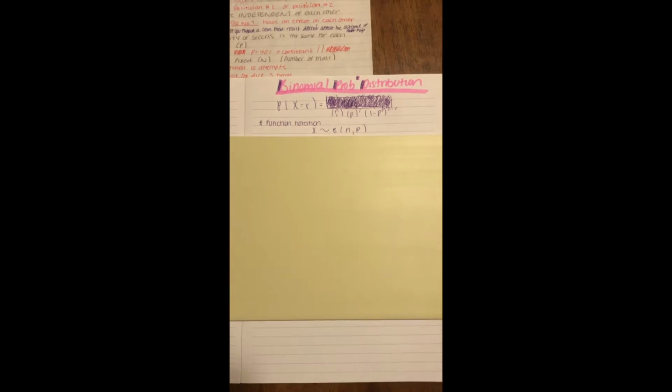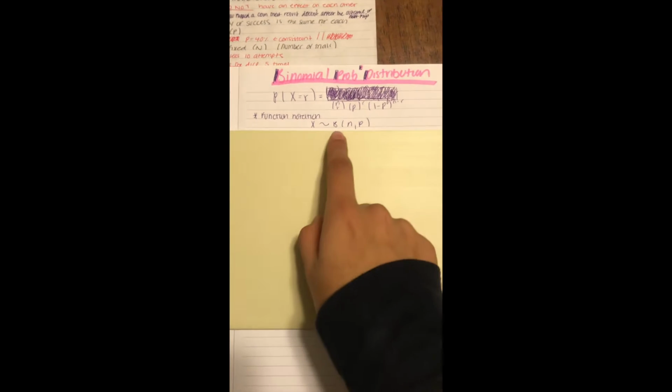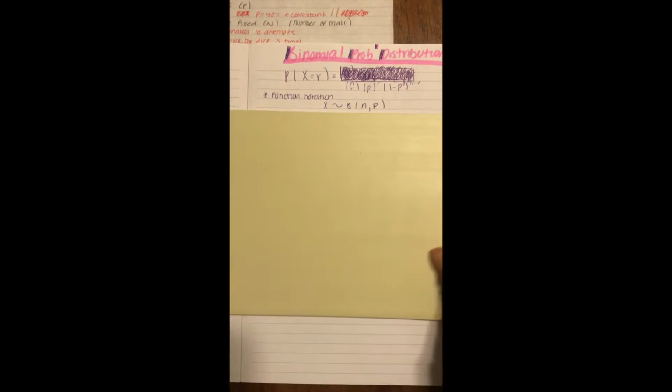To start off, we're going to look at the function notation. Many times you might see the binomial distribution problem start off like this. You might get a random variable x, and you'll have this b, representative of the binomial probability distribution function, and then you'll have the n and the p. That segues into figuring out what each variable means.